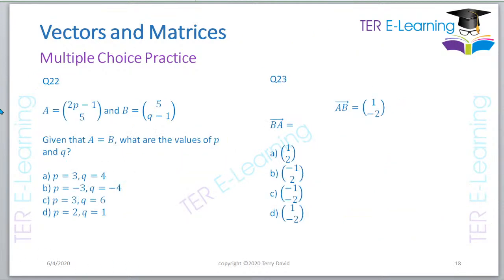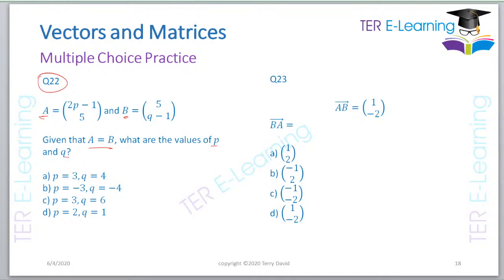Move on to question 22. This one. In question 22, we have A and we have B, and I'm telling you that A is equal to B. What are the values of P and Q?